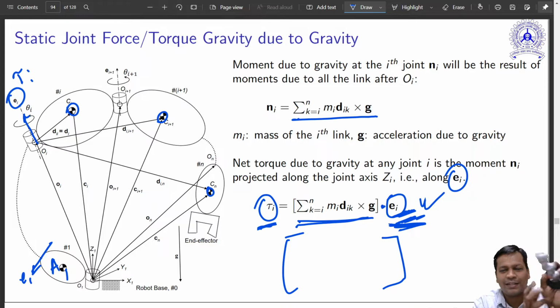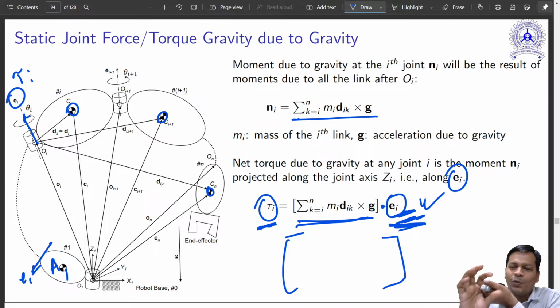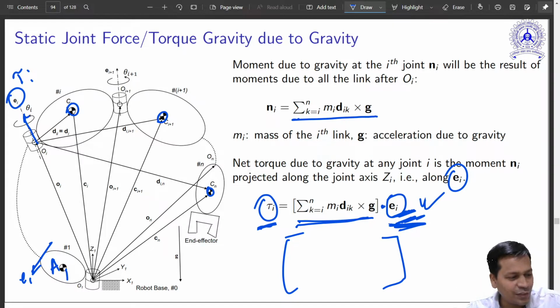If you hold a simple danda, a small stick, in your hand, the closer you hold it towards the end, the easier it is to move it. If you hold it at the end, it becomes very difficult. Why? Because it is carrying all the load that is after this. If you hold it here, it becomes easier. That is the case even with this.